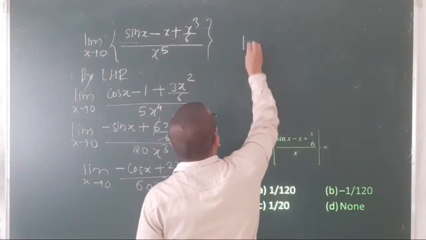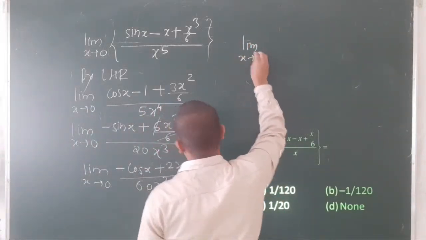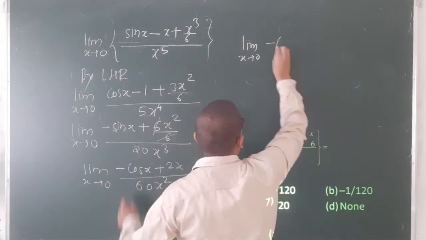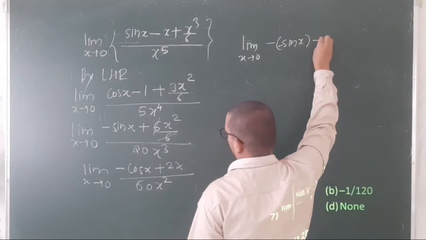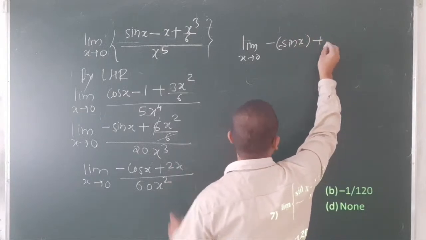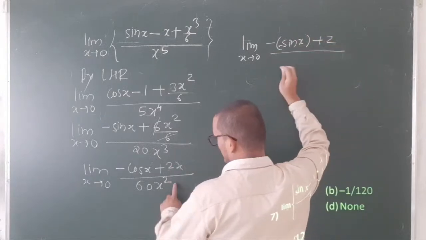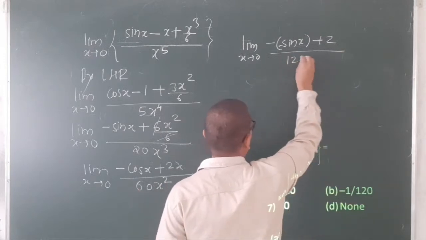So again you have to apply this L-Hospital rule. Minus n as it is, cos x derivative is minus sin x plus x derivative is 1, 1 into 2 is 2 divided by, I think this is 120x.